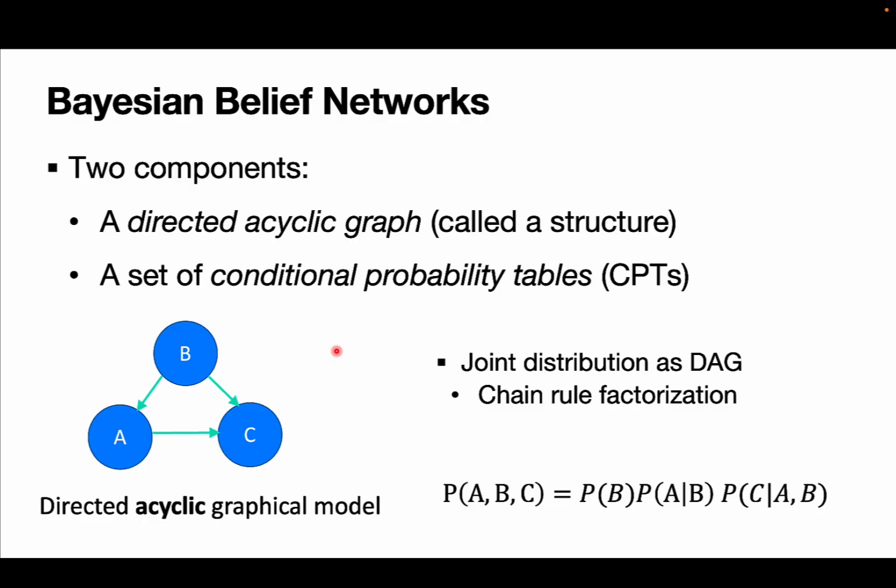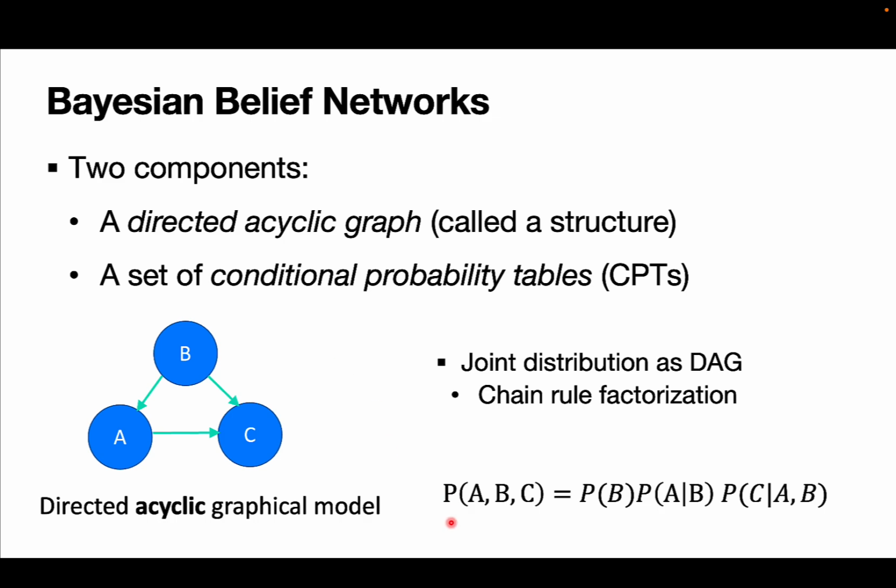To make classifications, we need to compute joint probabilities. Very often we use the chain rule factorization to express the question that we are trying to answer.